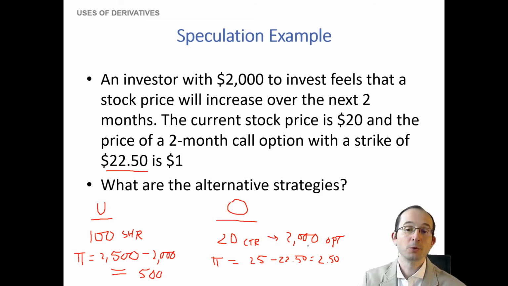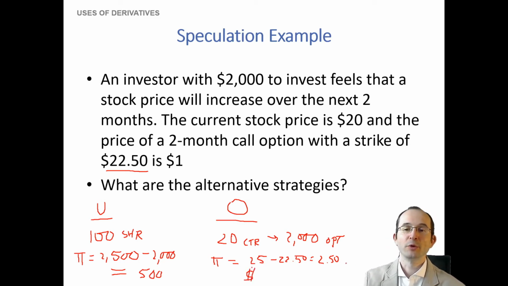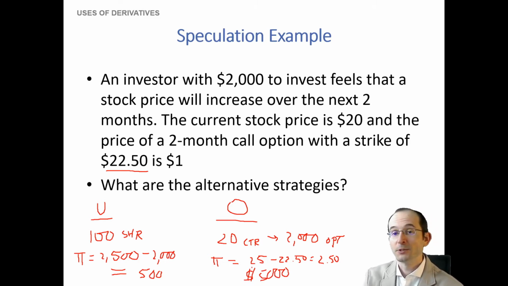But now we own 2,000 of these options. So we've made $2.50 per each of them. So that means that our profit is $2.50 per option times 2,000 options, $5,000. So we've literally made tenfold the profit that we could by trading the underlying asset. That's sort of what is exciting about options. They magnify your gains as well as, of course, your losses.